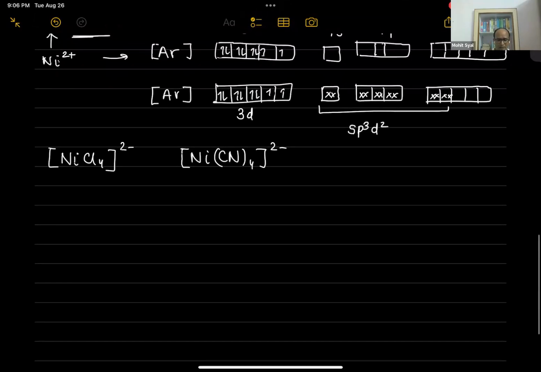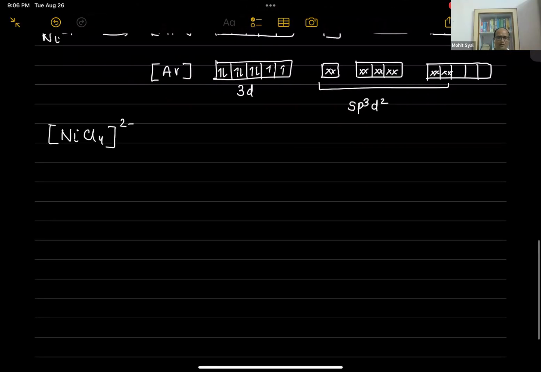So now let's compare both the complexes, their geometry, their hybridization, and their magnetic moment.